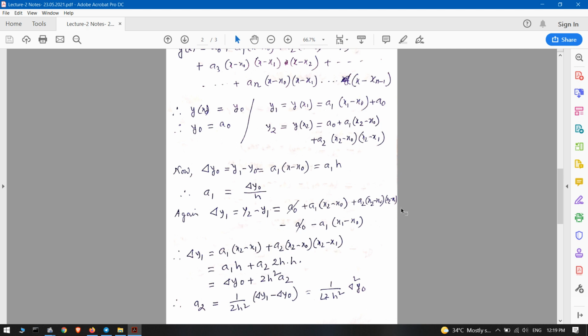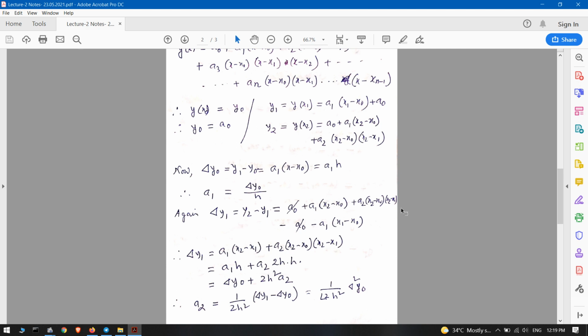If you put, then you will find the expression that y of x must equal y naught plus del y naught by h into (x minus x naught) plus del square y naught by factorial 2 h square into (x minus x naught) into (x minus x1) plus del cube y naught by factorial 3 into h cube into (x minus x naught) into (x minus x1) into (x minus x2), up to another term. You can also write in similar fashion. So this expression may be used to do the evaluation.